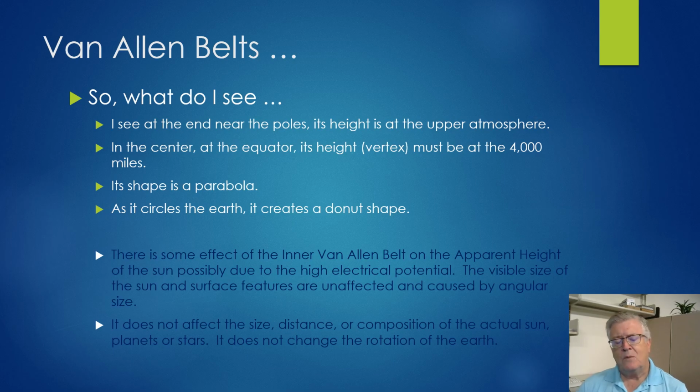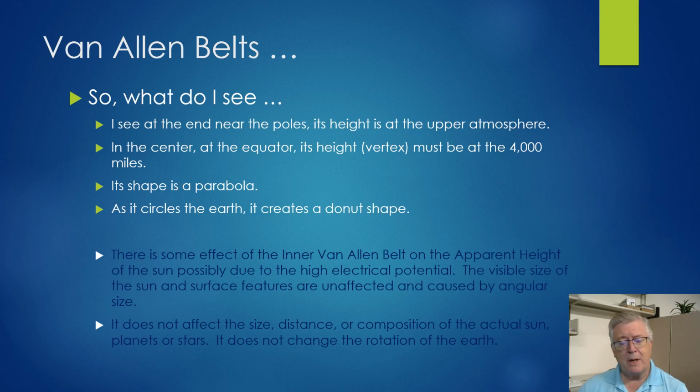So what do I see when I look at that as a believer in the spherical Earth? I see at the end near the poles that the height is at the upper atmosphere. I see in the center at the equator its height or vertex has to be at 4,000 miles.